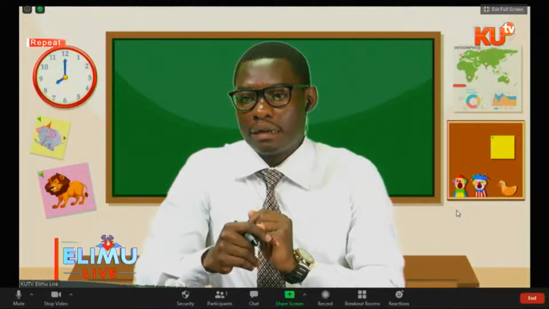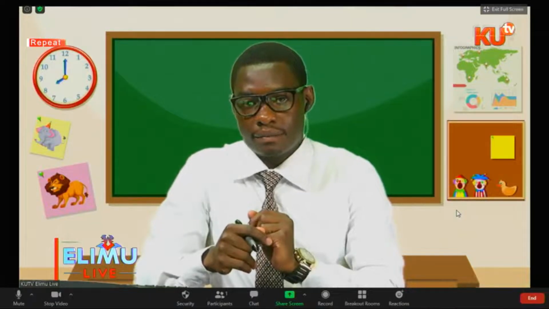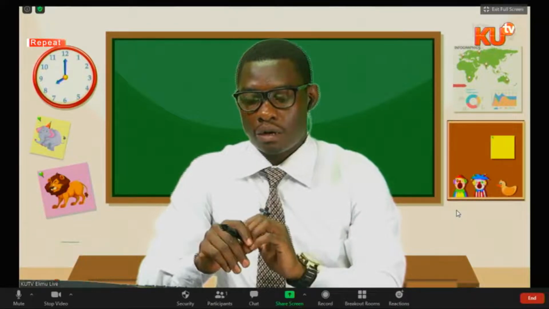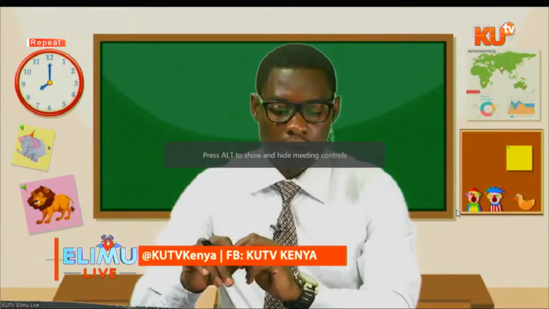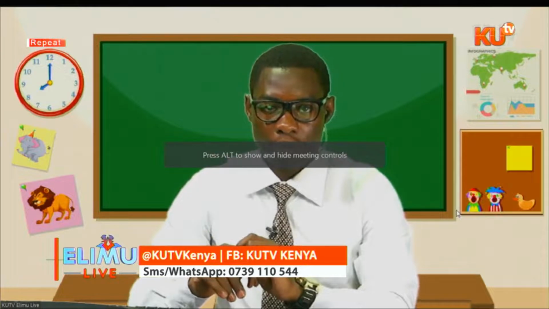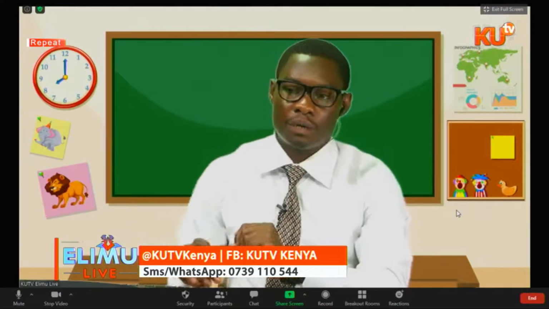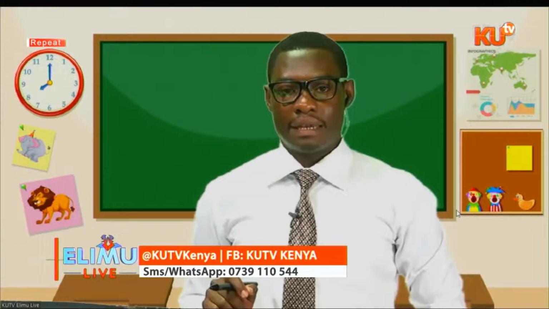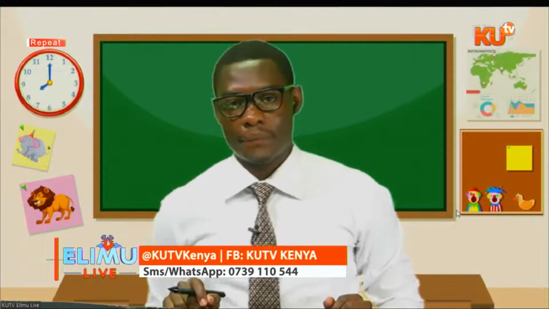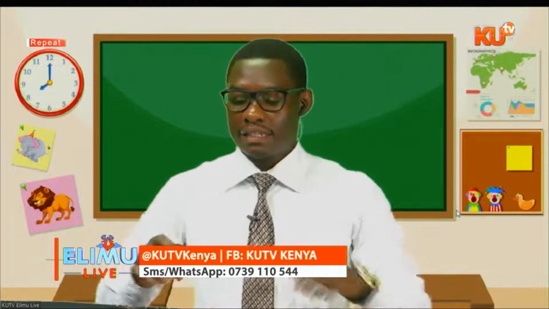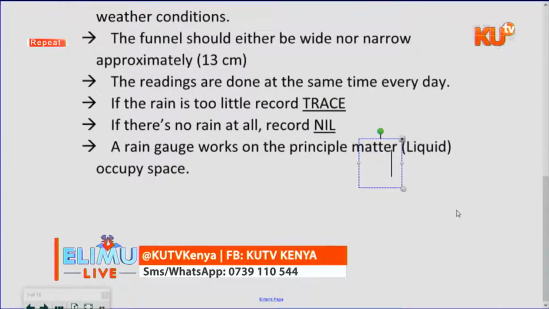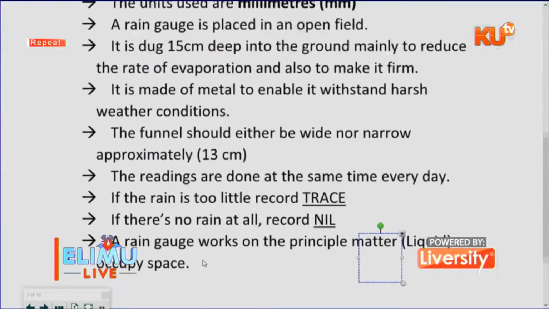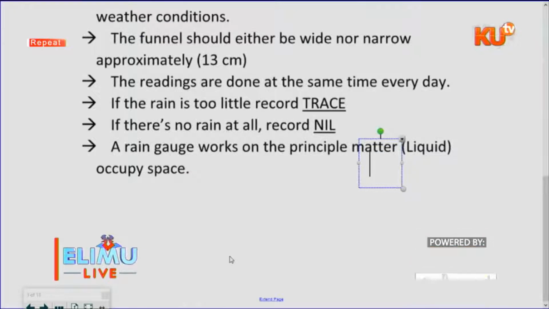We can look at the next weather instrument, and as I said, we'll be specific on the weather instruments that we are going to talk about. The next one we are looking at is a wind vane. It comes from the word wind, so it must measure an aspect of wind.